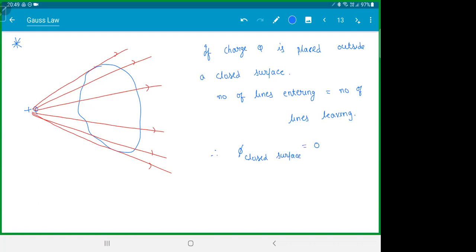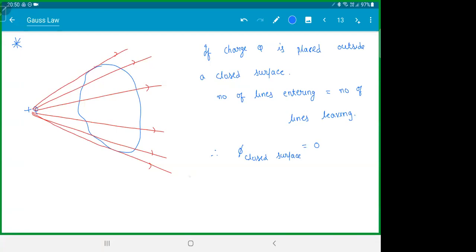Is this making sense, everyone? Clear with this? So we keep a charge outside, whatever lines enter, remember, what is the definition of flux? Flux is the number of lines crossing an area. If the number of lines entering is equal to the number of lines leaving, then the net number of lines is zero. So total flux is zero.